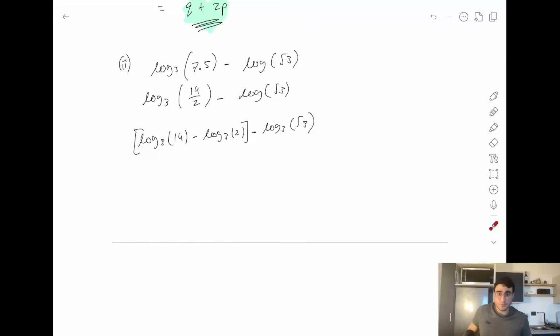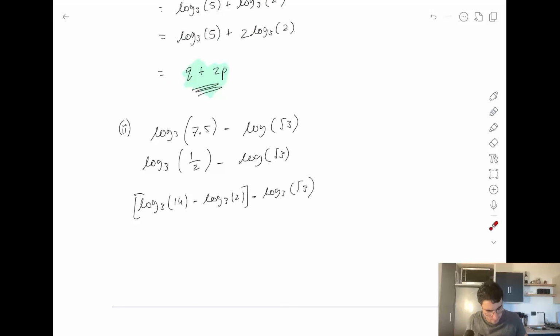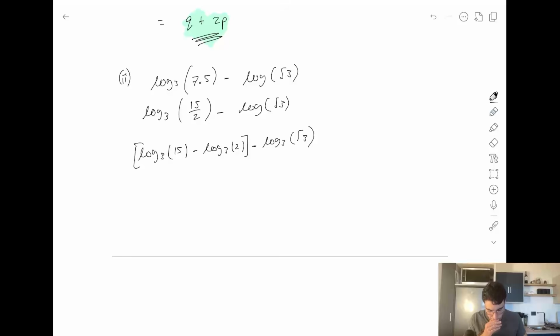So from here, actually this shouldn't be 14, this should be 15. So from here, what can I say? Well, log base 3 of 5 plus log base 3 of 3 minus log base 3 of 2 minus log base 3 of root 3.